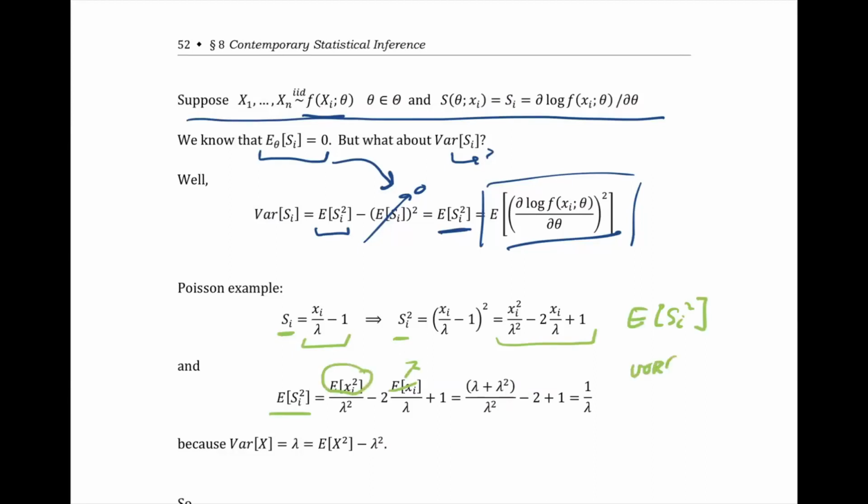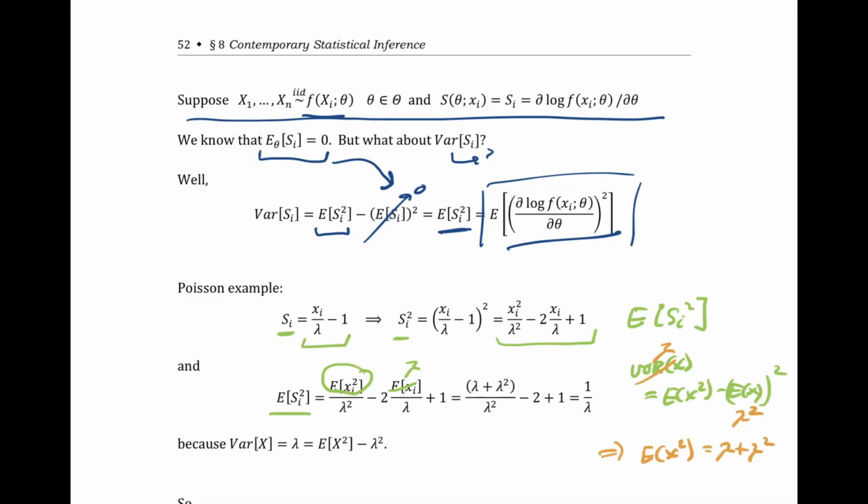Well, I know that the variance of x_i is equal to the expected value of x squared minus the expected value of x, quantity squared. And for a Poisson distribution, I know that the variance is lambda, and this will be lambda squared. So the expected value of x squared is equal to lambda plus lambda squared.